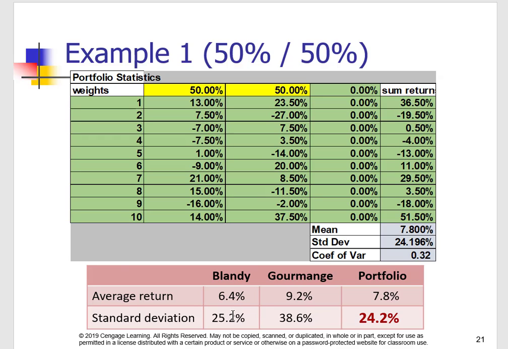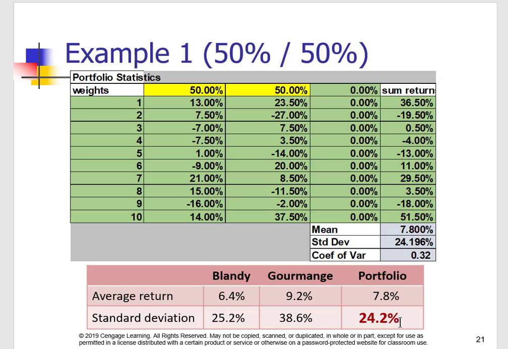Now, if you look at this, what happened? 25% is the standard deviation on Blandy. 38% is the standard deviation on Gourmand. But when we combine them together, we get something less, right? So the risk of the portfolio is less than either one of the individual assets in the portfolio.